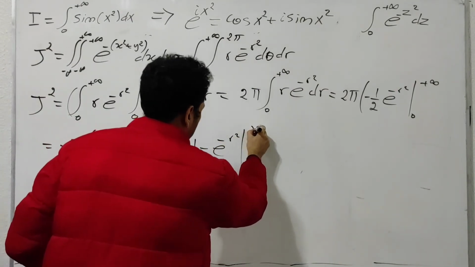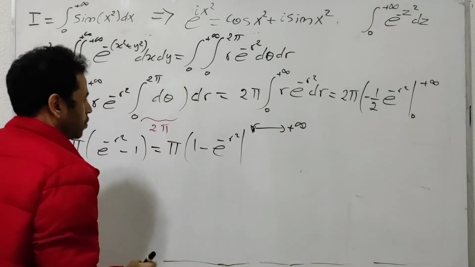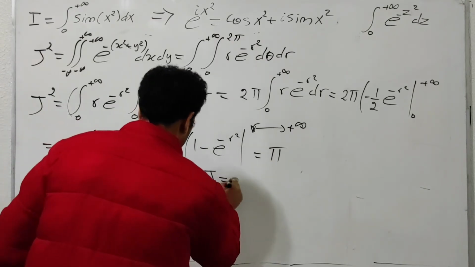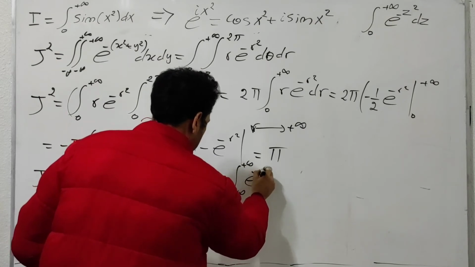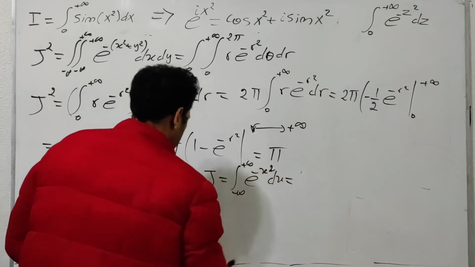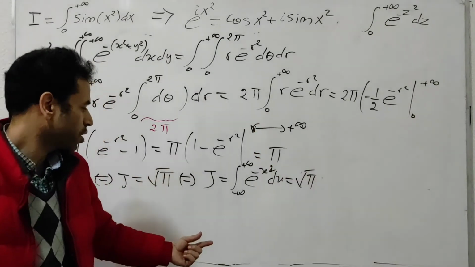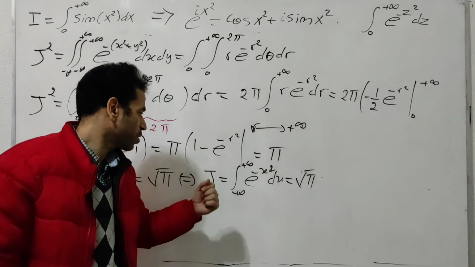So as r is going towards infinity, I will get, but remember the g, it was the integral from minus infinity to plus infinity of e to the minus x square dx, which equals square root of pi. But remember, this integral was evaluated from minus infinity to plus infinity.